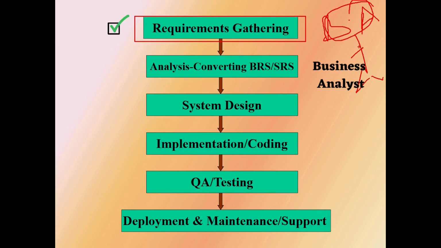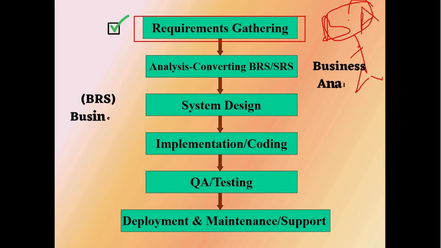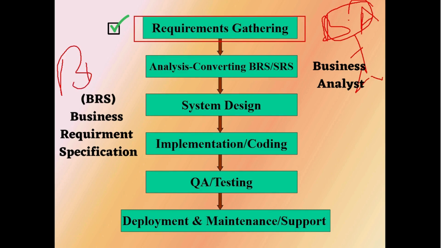Whatever requirements they gather from the client location, they write in a separate document. The separate document name is called BRS, Business Requirement Specifications. It has a number of alias names. Some people call it BDD, Business Design Document. Some people call it URS, User Requirement Specifications.